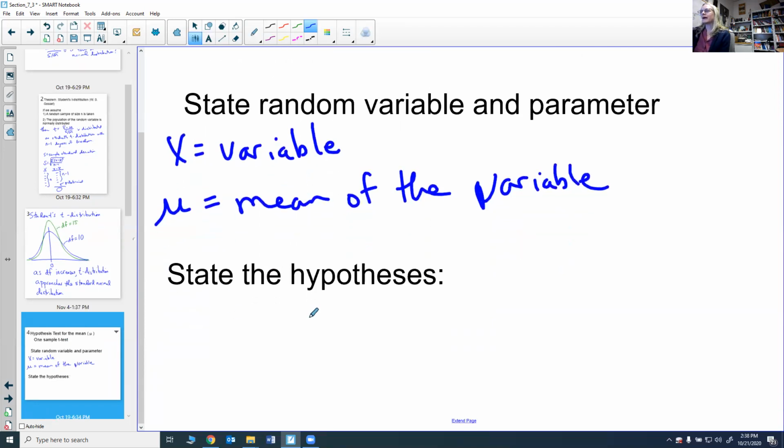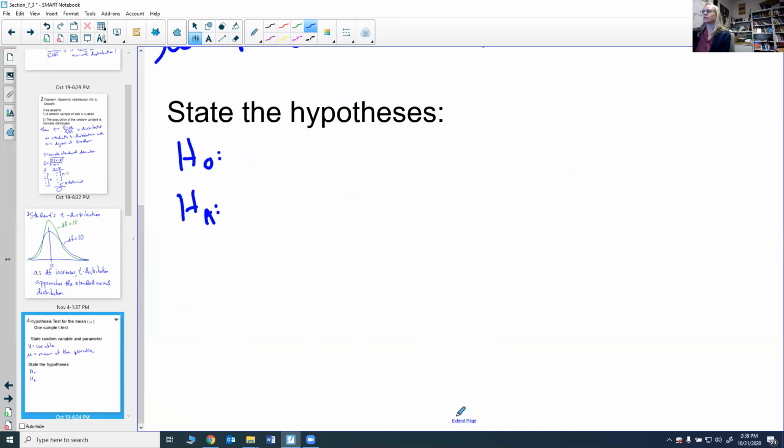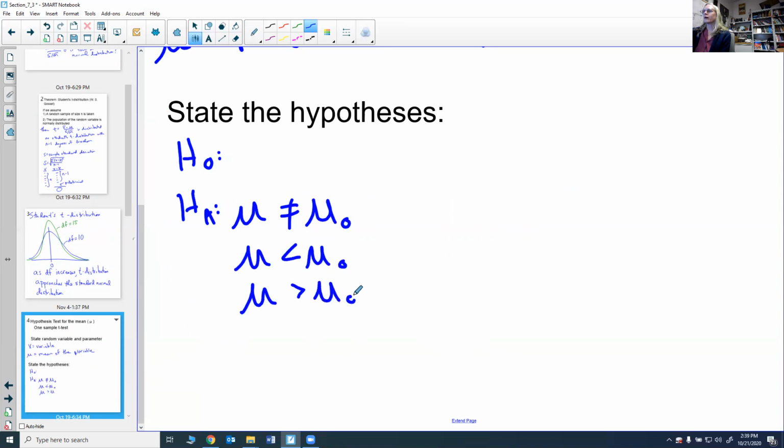Once we have that, we can now state the hypotheses. Again, there's a null hypothesis and an alternative hypothesis. The alternative hypothesis is what your question is, what you're actually trying to answer and research about. So it's usually going to be your mean is not the same as some known value. You can also do your mean is less than some known value, or you can do the mean is greater than some known value.